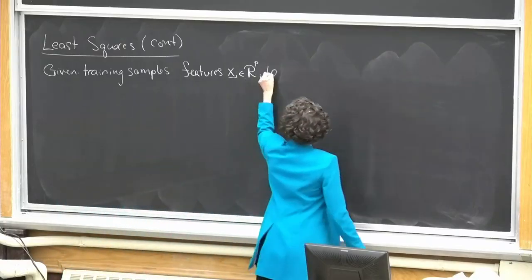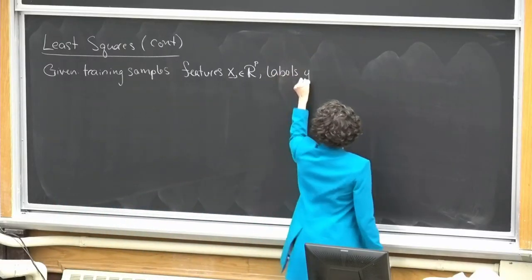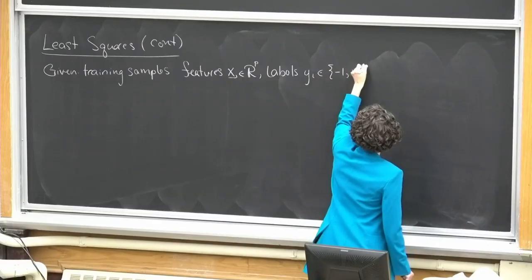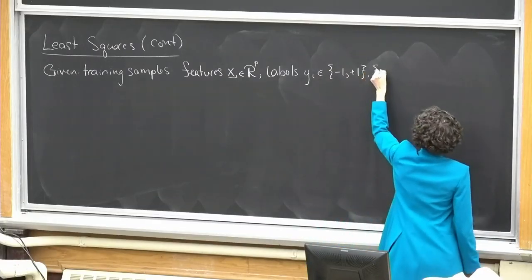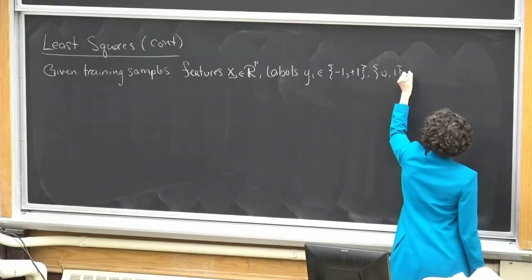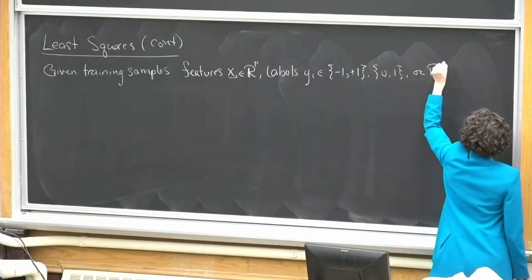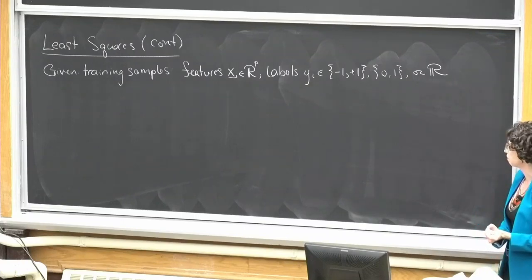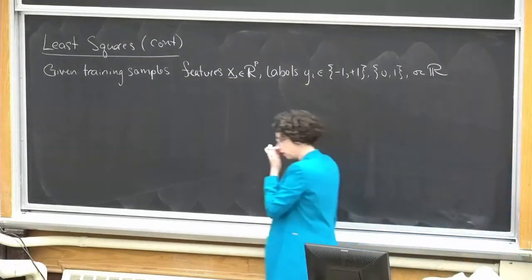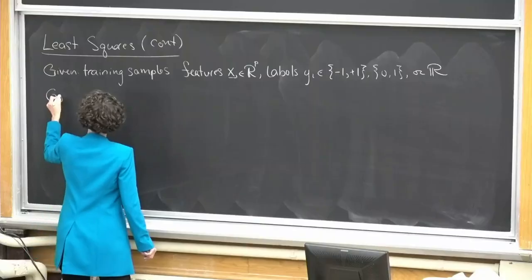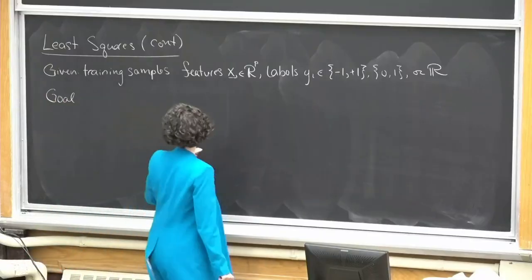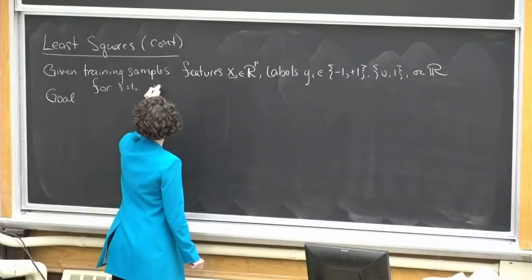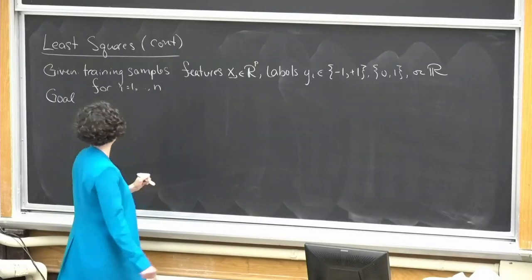And we have labels yi, and so in a classification setting, this might be plus or minus ones, or we might represent the labels with zeros and ones, or in a regression setting, they just might be real numbers that we're trying to predict. The training samples are for i equals 1 to n. So we've got a total of n different training samples.